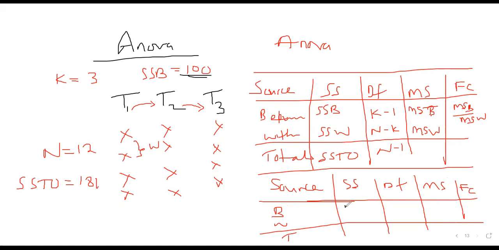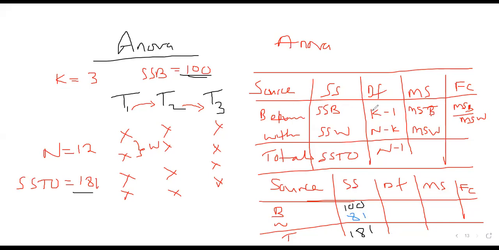So we put 100 there. Sum of square total, we've been given as 181. We put it there. The difference between them is sum of square within. So that is 81, because it's a difference which we calculated.